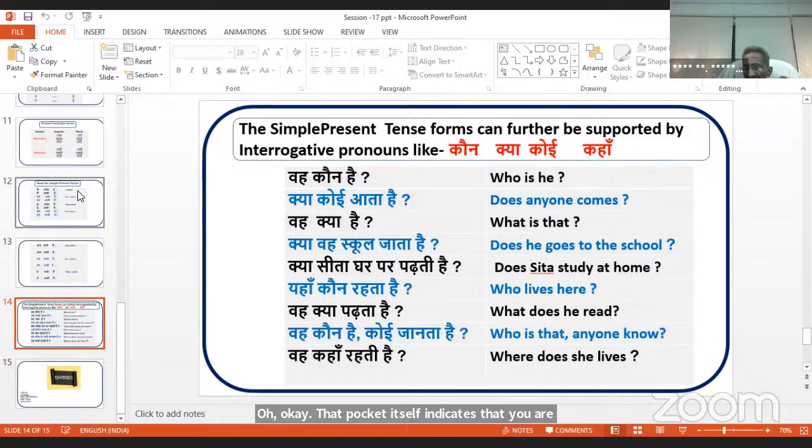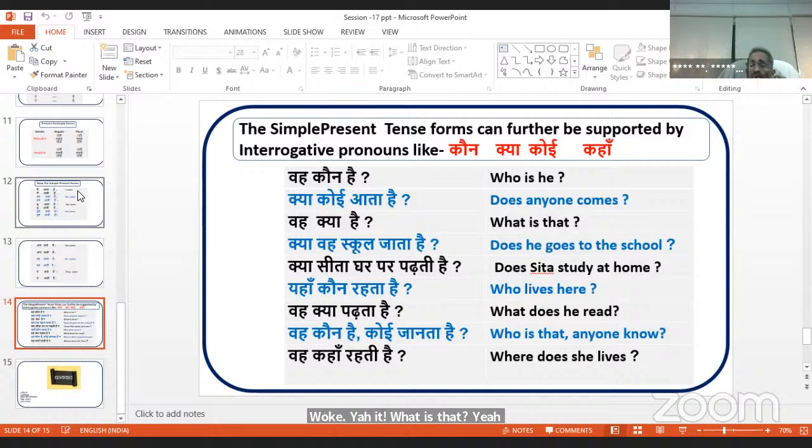The construction is simple present tense. क्या कोई आता है? That कोई, that interrogative pronoun, also comes in between the sentence. वो क्या है? What is that?